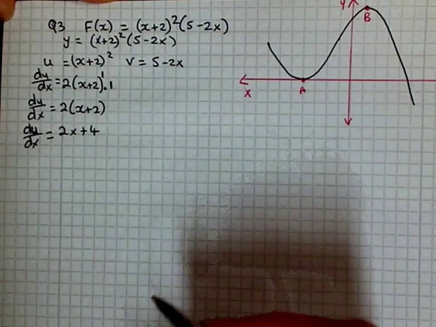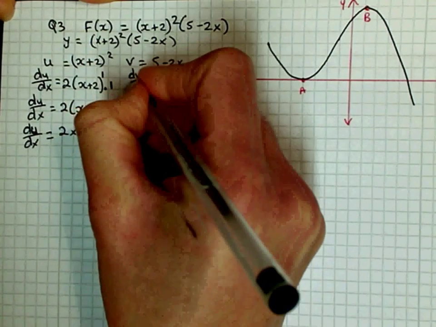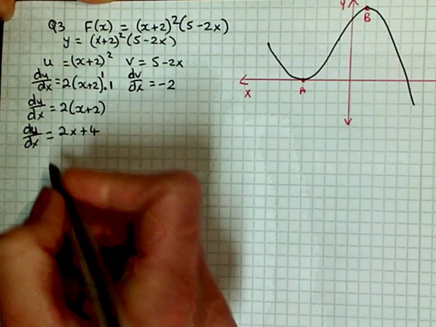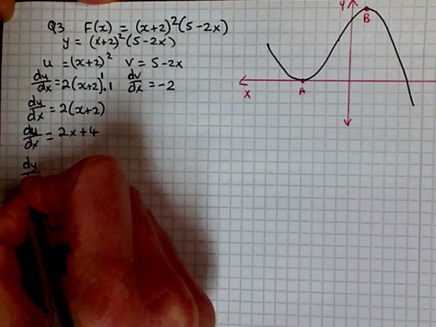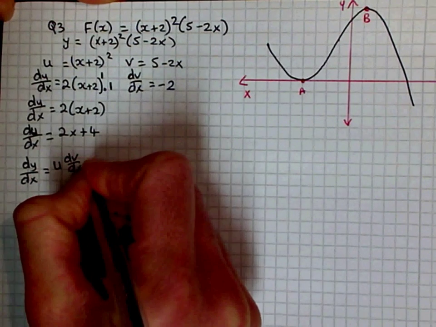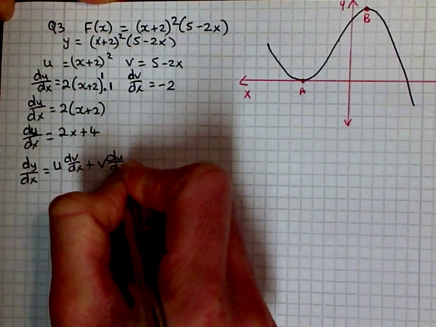Okay, so over here dv dx is equal to minus 2. So dy dx for the product rule is u dv dx plus v du dx.